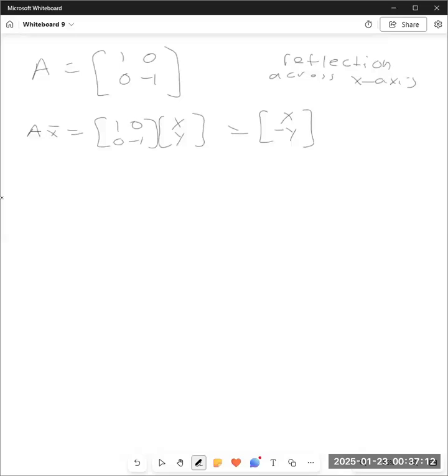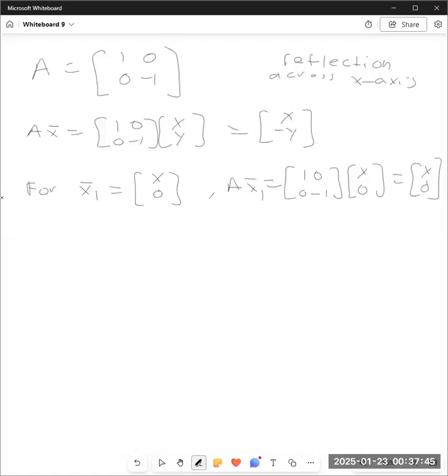Here is what that transformation has to do. Just to prove that to you, if I have A times x, y equals 1, 0, 0, -1 times x, y, then this is equal to x, -y, like so, which is a reflection across the x-axis. Then we're going to look at anything that is on the x-axis. So the first eigenvector here is anything on the x-axis. So that is an eigenvector there with an eigenvalue of 1.